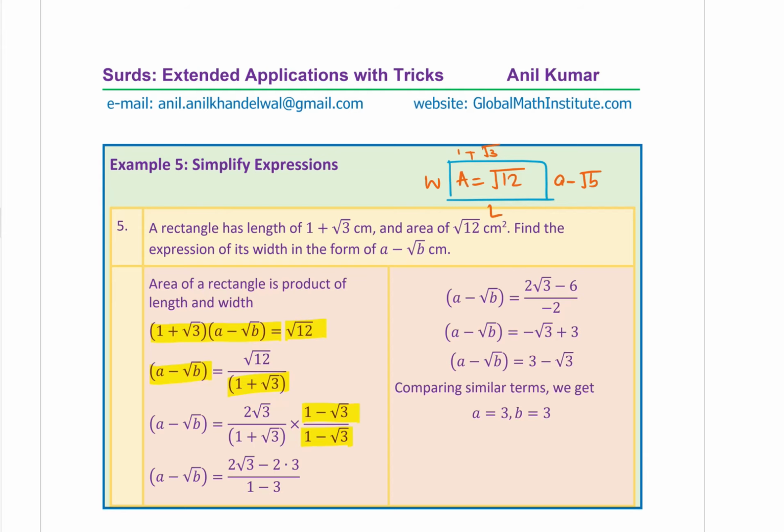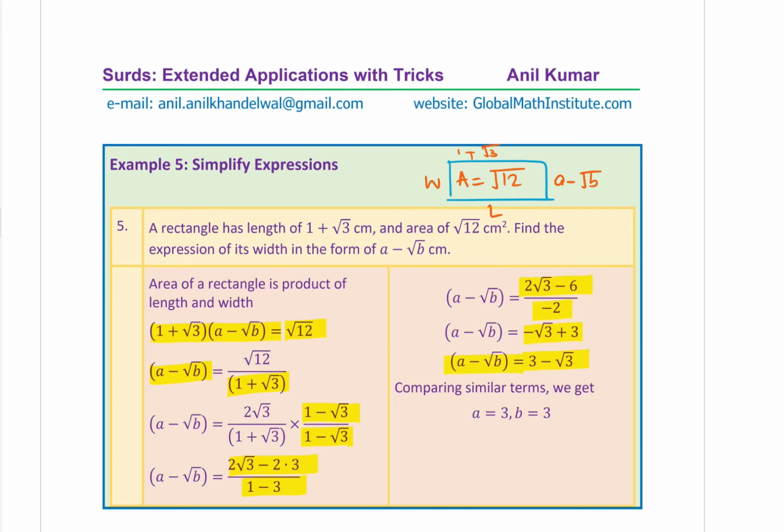So we get a term which can be simplified to 2 square root 3 minus 2 times 3 in the numerator, and 1 square minus square root 3 square, which is 3, in the denominator, right? So, simplifying, we get 2 square root 3 minus 6 over minus 2. Dividing, it could be written as minus square root 3 plus 3. Rearranging, we get 3 minus square root 3.